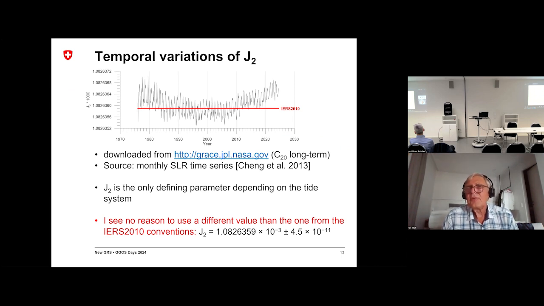But if we see the time series and the IERS 2010 value, as I highlighted here, I don't see really a necessity to use another one than the one from the IERS 2010 conventions. So I would as well keep this as it is.